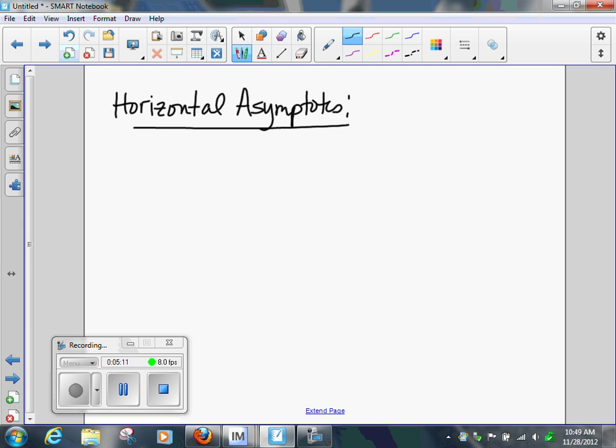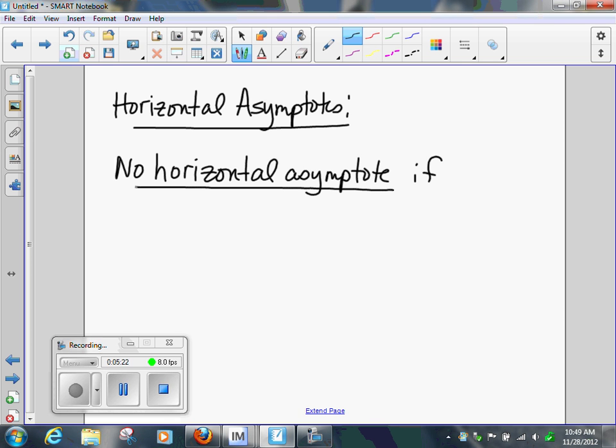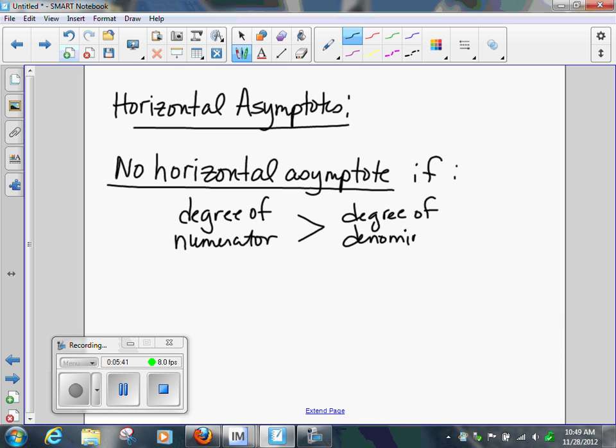To me, there is no horizontal asymptote if the degree of your numerator is greater than the degree of your denominator.